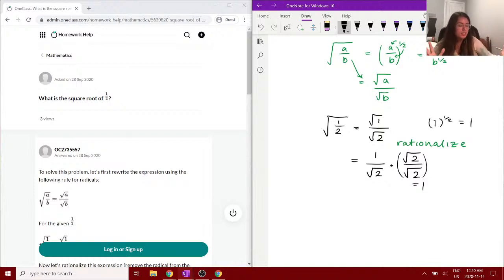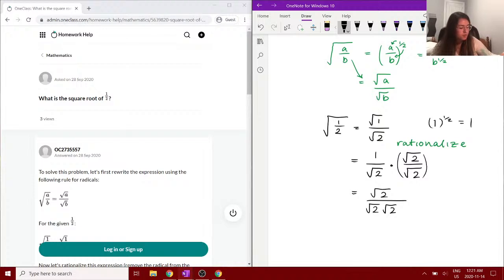Technically, multiplying by 1 won't change the overall equation. It will just rationalize the factor we're looking at, okay? A long-winded explanation, but to multiply, we get square root of 2 on the top, and in the bottom, we get square root of 2 times square root of 2.